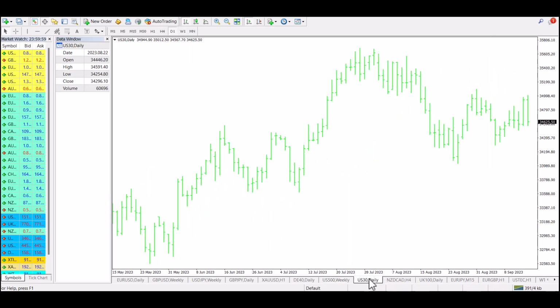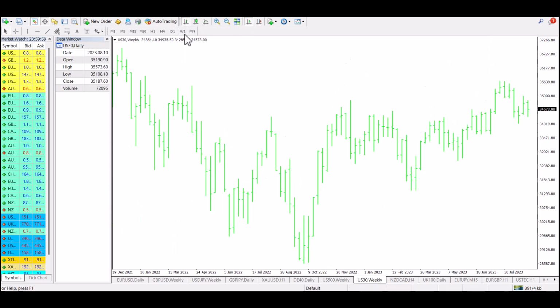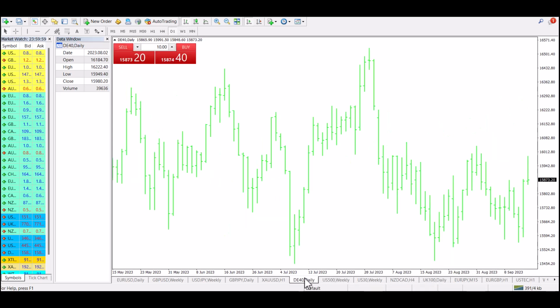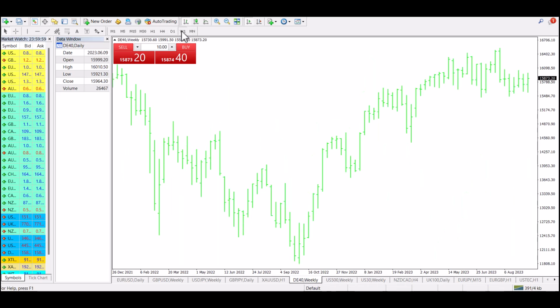Now the Dow actually made an outside vertical bar to the downside also. But on the Dow, we've also got a weekly bearish bar. And on the DAX, we've got a bearish daily bar, but we've got a bullish weekly bar.